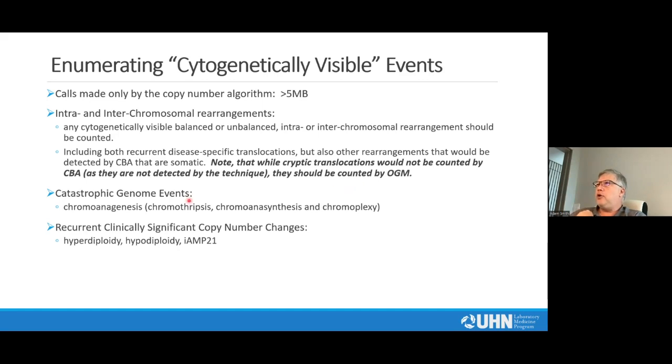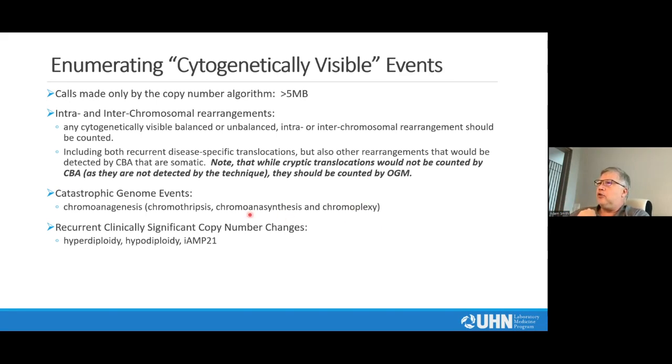Okay, so just to wrap this up, catastrophic genome events are something that you're going to see with a bit more clarity on OGM. So all the chromoanagenesis stuff, which includes chromothripsis, chromoanasynthesis, and chromoplexy. Chromoplexy, we've seen a few of those. They're actually quite nice. That's the one that's quite easy, I think, to pick out.